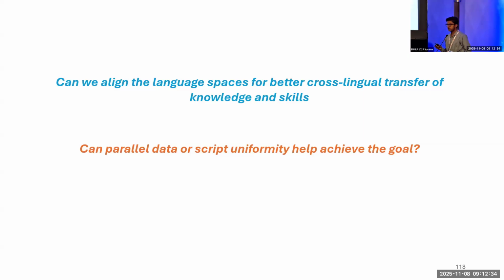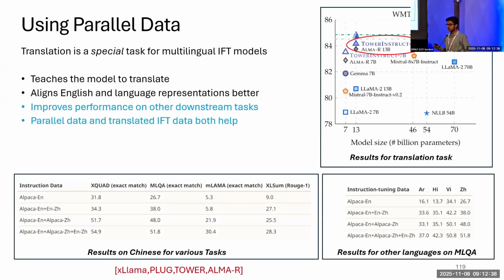And can parallel data or script uniformity help achieve the goal? So again, yes, as we saw in pre-training, but in this case, what I'd like you to note down is that in the case of instruction fine-tuning, not only does it help in aligning the representations better, it improves the performance on other downstream tasks as well.